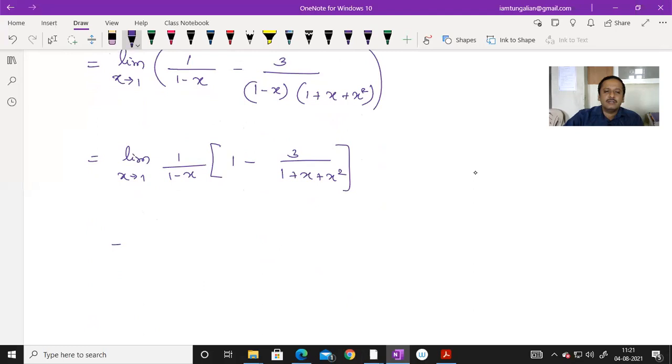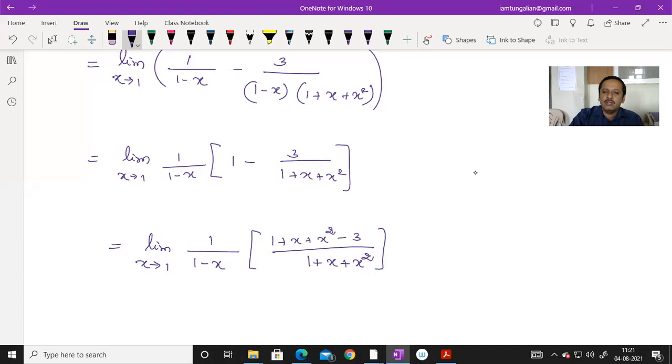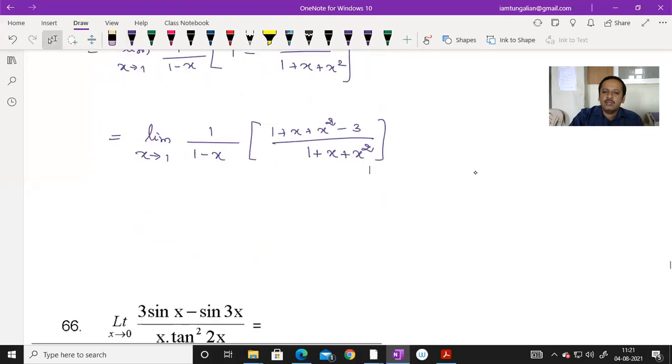Okay. So this is equal to limit x tends to 1 of 1 by (1 minus x) into [(1 plus x plus x square) minus 3] divided by (1 plus x plus x square). Here you get 1 plus x plus x square minus 3.